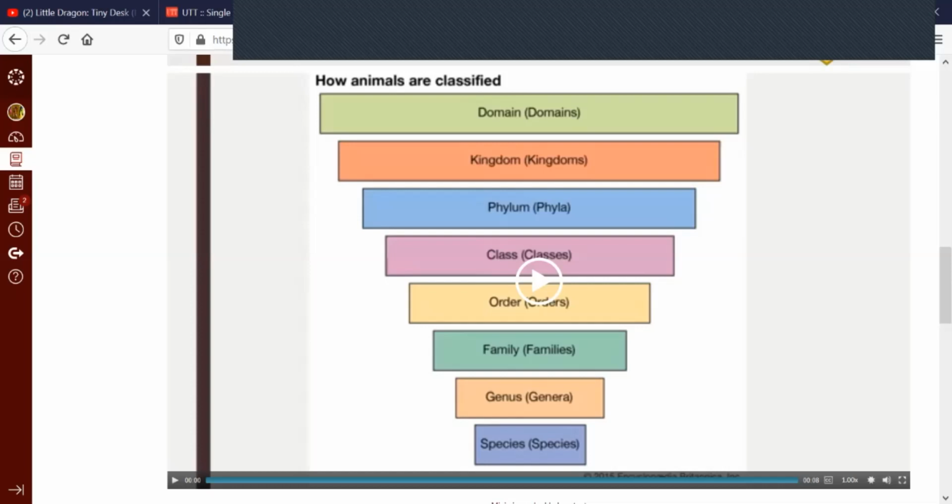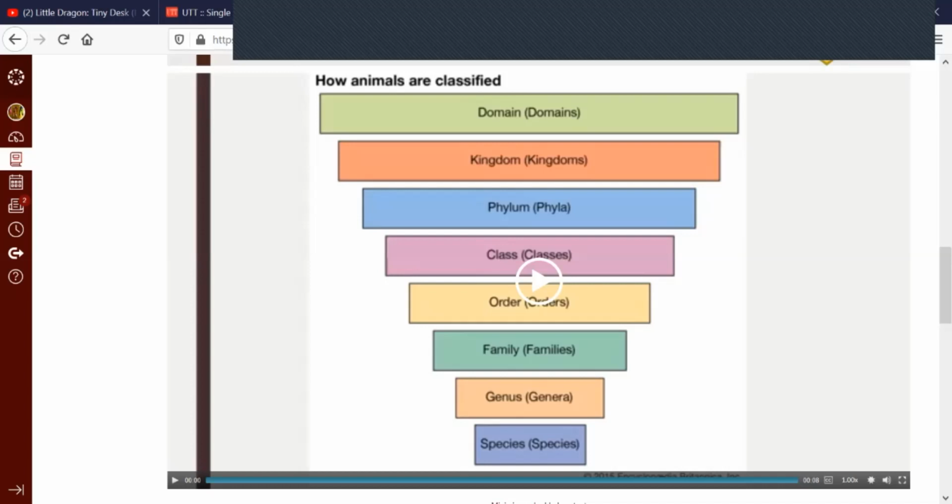But then we can put them into a larger category in terms of genus. So they're carnivores. We put them in an even larger category. They are vertebrates. They're land dwellers.